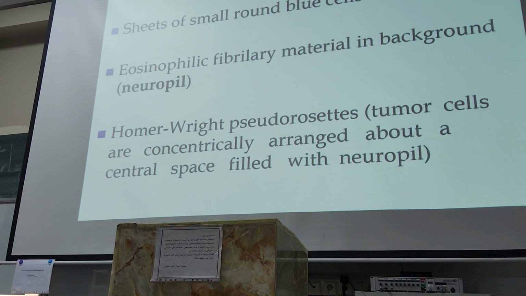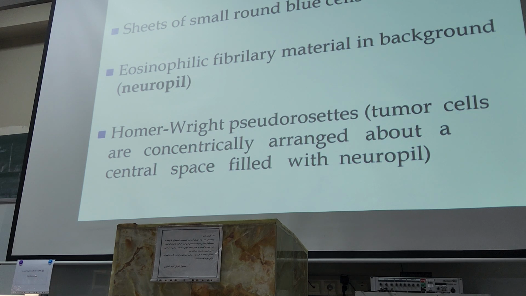What we should see here are sheets of small round blue cells, and we have eosinophilic fibrillary material in the background, which is named neuropil. Neuropil is the cytoplasmic extension of neuroblasts. And you can see some Homer Wright rosettes.